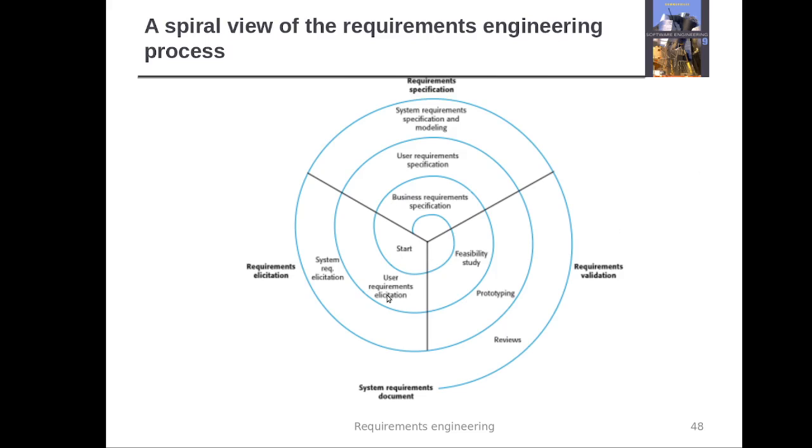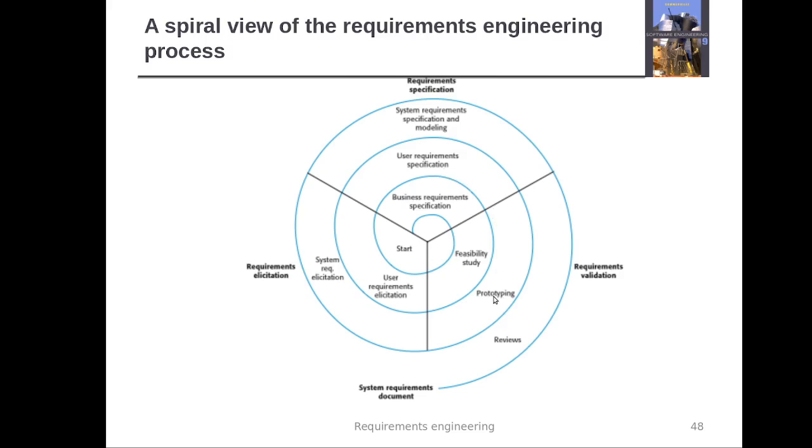Then you go for user requirement elicitation. So you get the user requirements. User requirements, you understand, are a little abstract, they may not be very detailed, right? So you get these user requirements, and then you make a document of your user requirements.